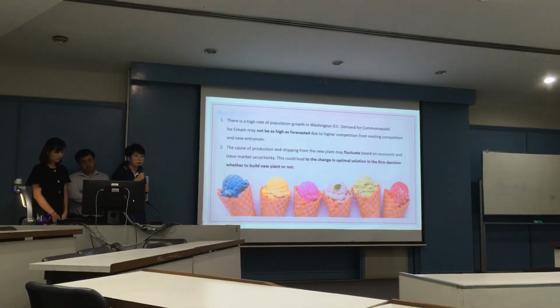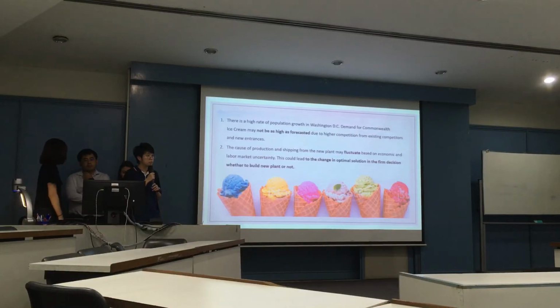But we think that the high rate of population growth doesn't always guarantee the high rate of demand growth, because many companies may also enter this industry and steal the market share from Commonwealth ice cream company. So even though the population has a high growth rate, the demand for Commonwealth ice cream may not grow at the same rate.